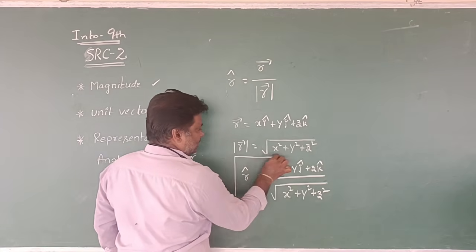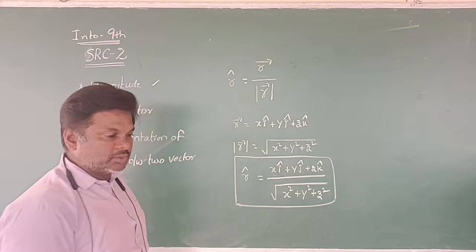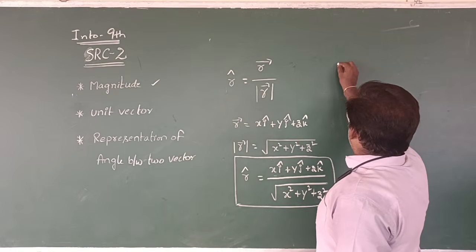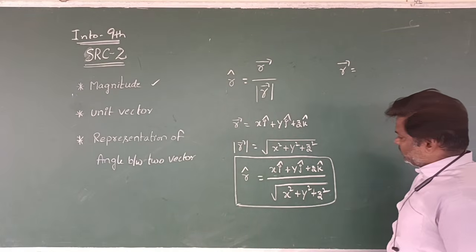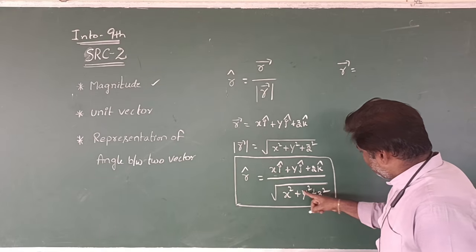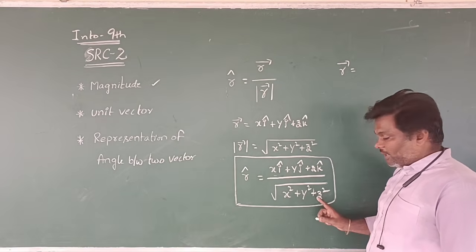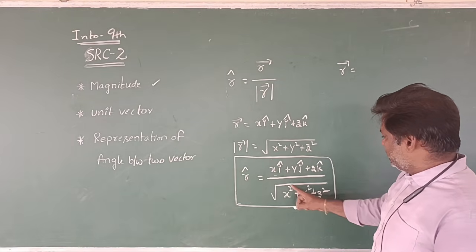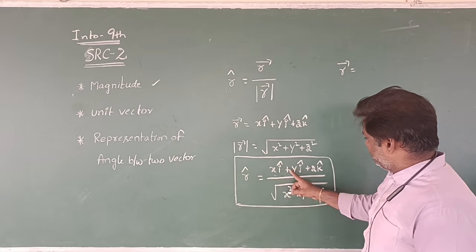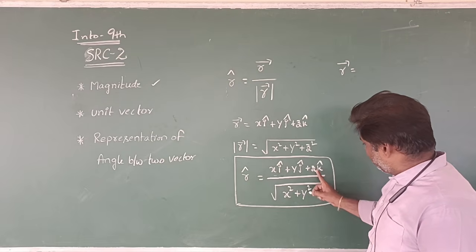So this is a vector whose magnitude is equal to 1. Further I will write clearly. It may not seem to be a vector, but after doing the calculation you will get a number only. That number divides the numerator: x by the denominator, y by the same denominator, z by the same denominator.